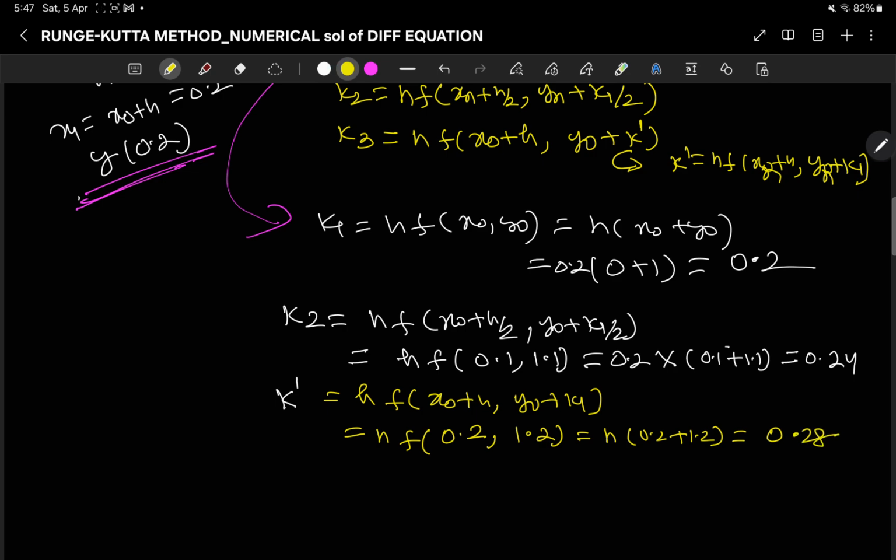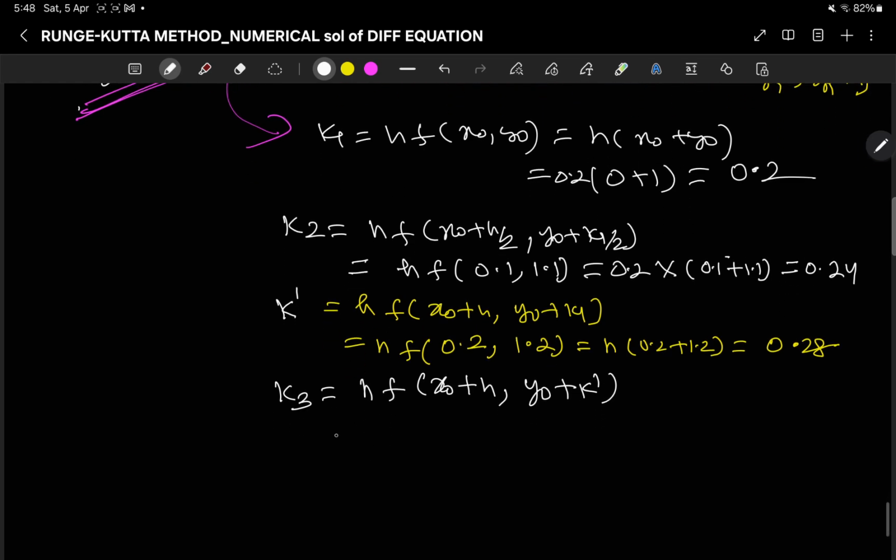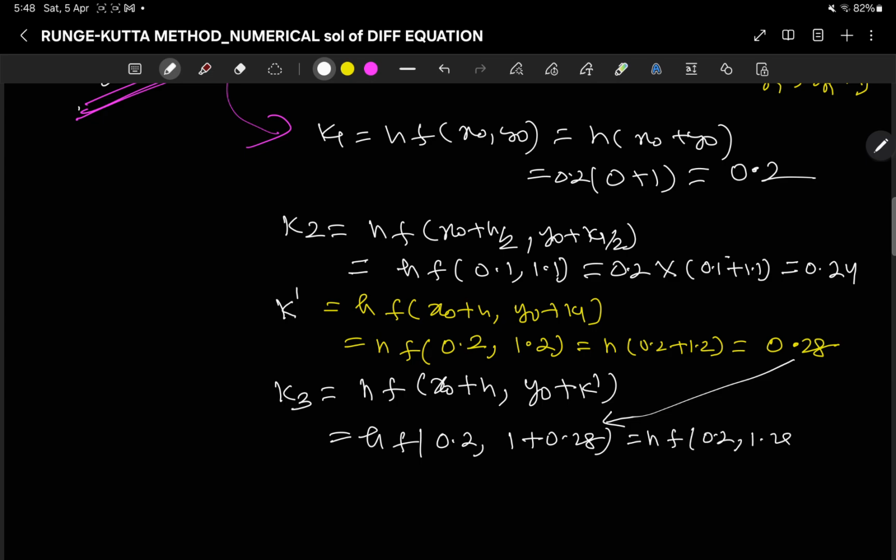Now we substitute it to find exactly k3. k3 is h f(x0 plus h, y0 plus k dash). So this is equal to h f(0.2, 1 plus 0.28). This k dash is substituted here. So this is equal to h f(0.2, 1.28).